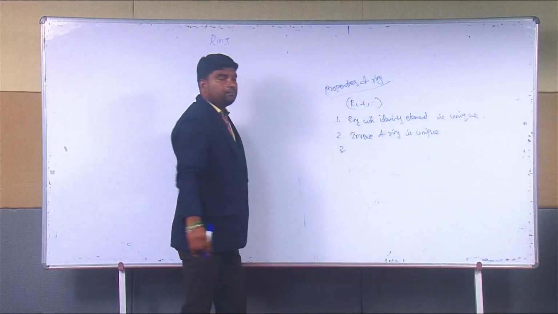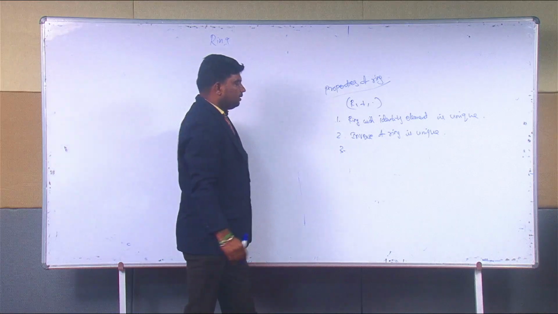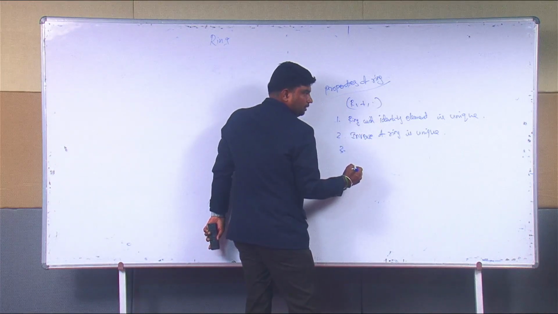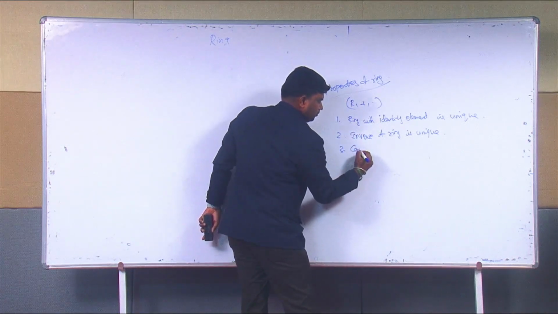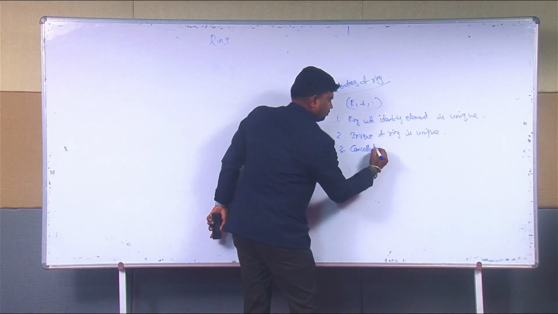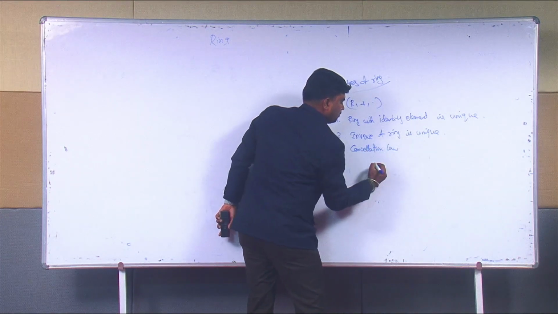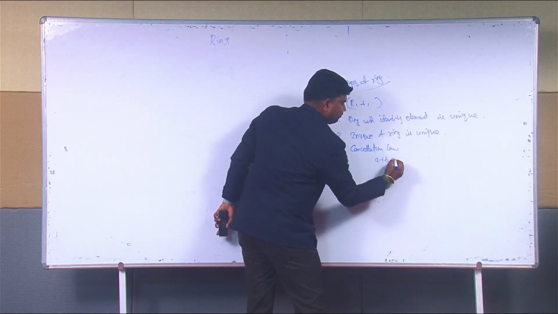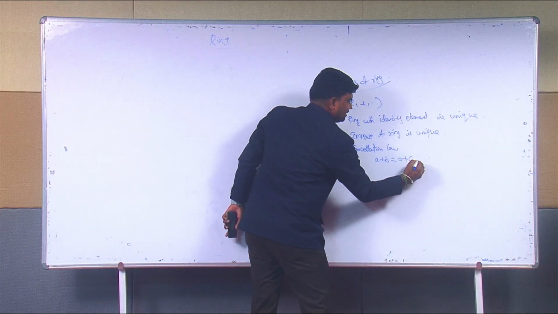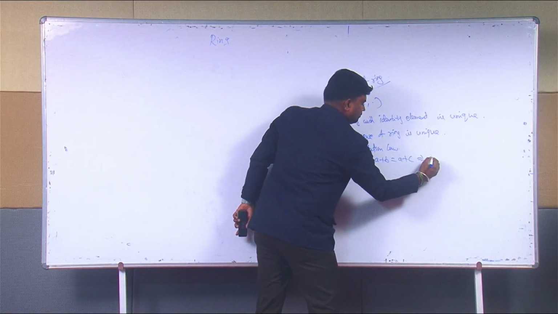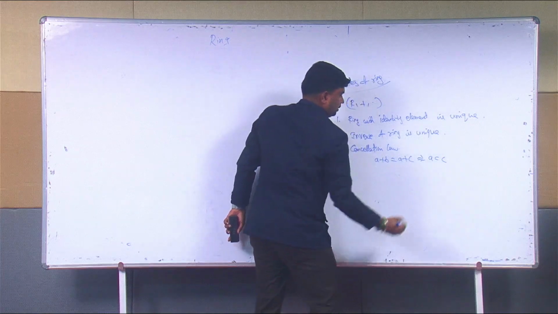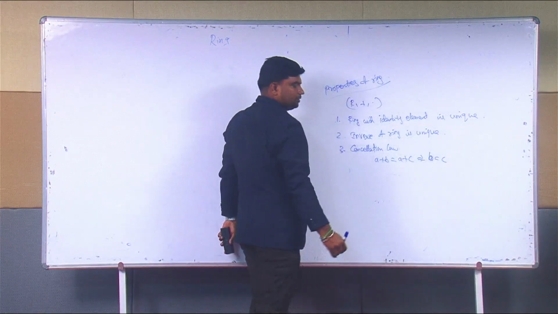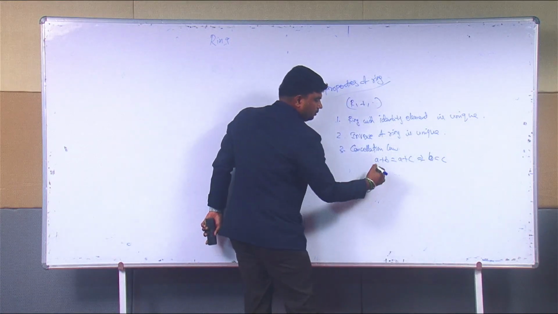And the third one, in the ring (R, +, ·), the cancellation law: a + b = a + c implies b = c, that's the left cancellation law.